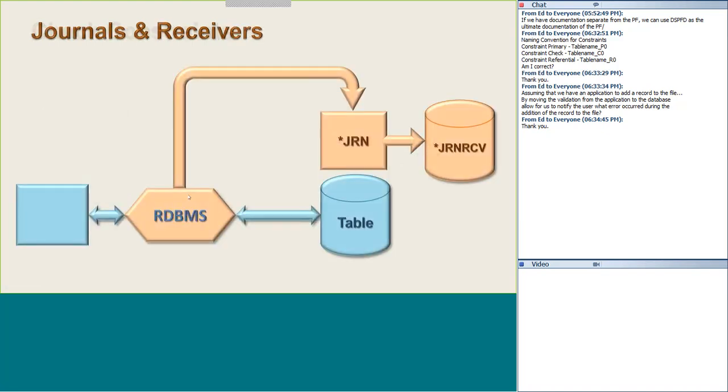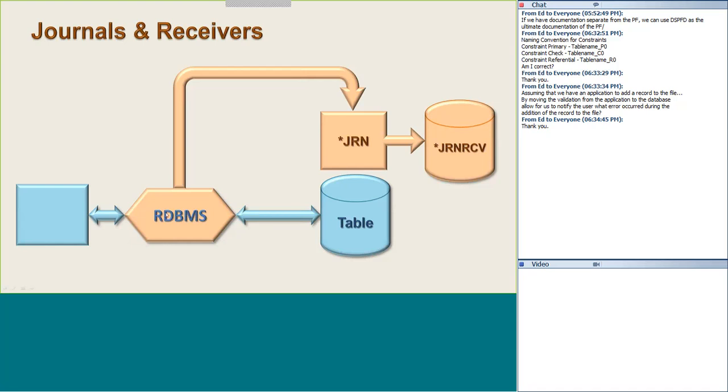Journals and receivers, just a very, very quick rush through. You have a client here that accesses a table through RDBMS. Now, obviously, the journaling is defined within the table. How it's journaled, where it's journaled, and everything else is defined within the table and is available to the RDBMS.